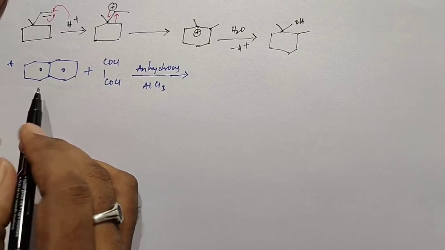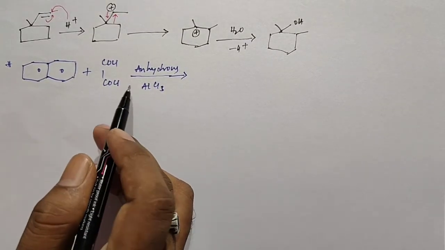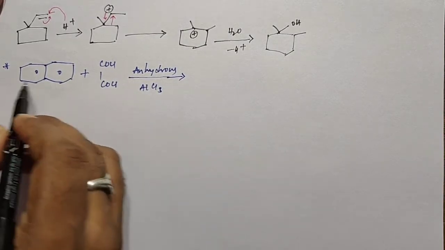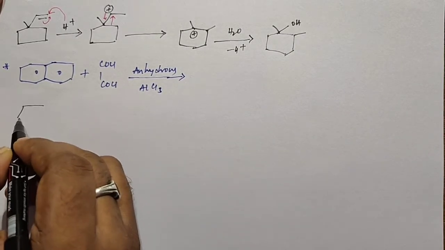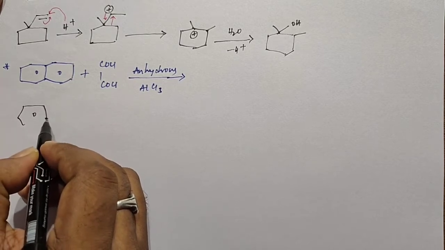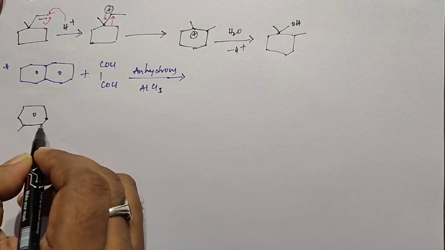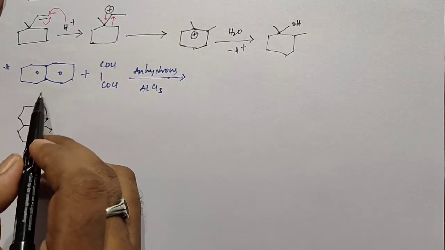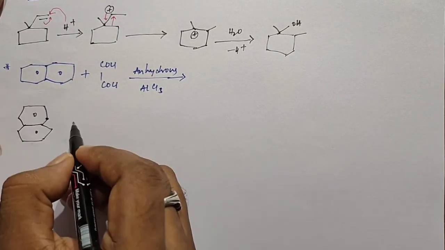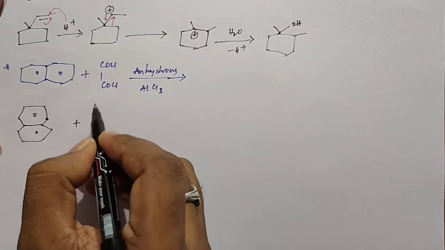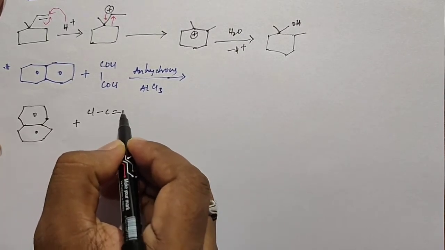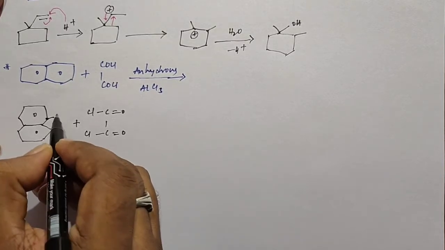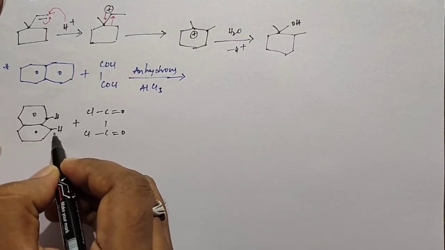Students, this is the next miscellaneous reaction. In this reaction, two compounds react with each other in the presence of anhydrous AlCl3. Just take this compound like this, and this compound reacts with a reagent like this. Here we have one hydrogen at each carbon.